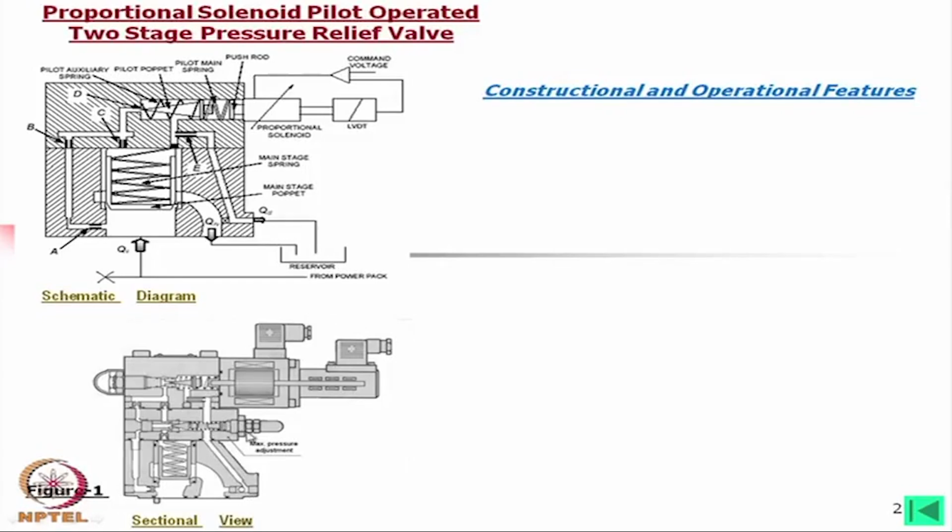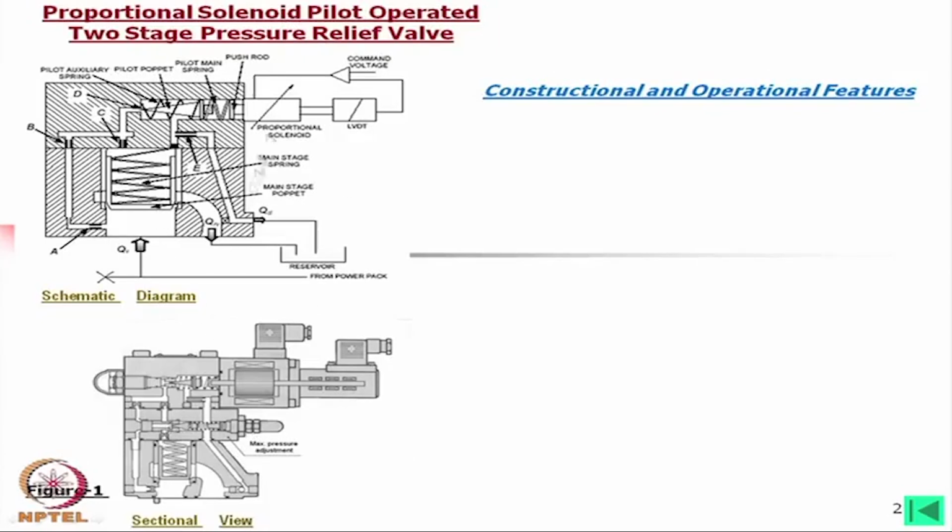However, in many cases this part is not there, first thing. Second thing, this is again, we can say, another pressure relief valve. So, for studying the proportional solenoid pilot operated pressure relief valve, we shall not consider this part.